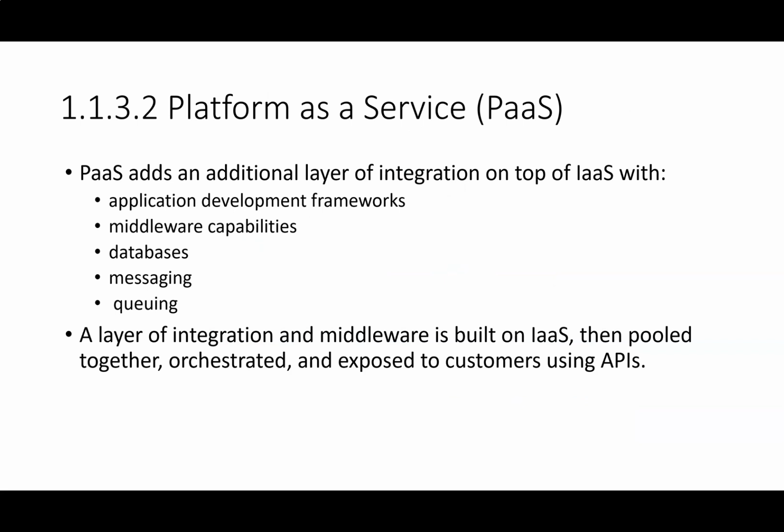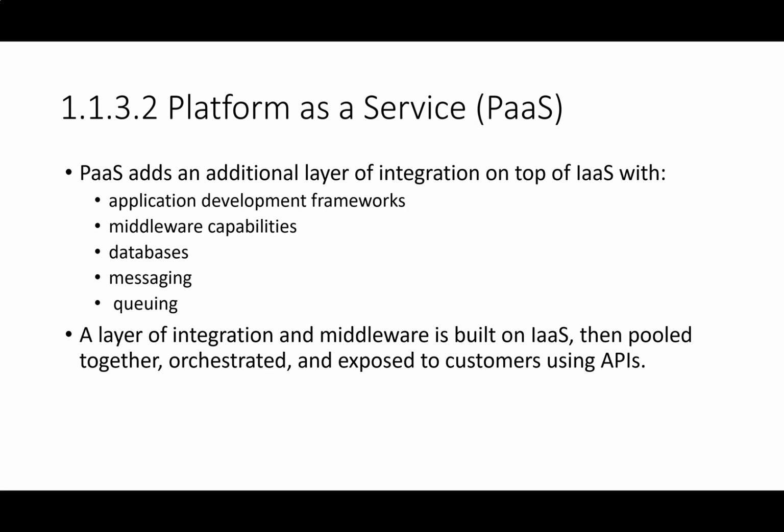Platform as a service is on top of infrastructure as a service, as we talked about earlier. It gives you the ability to use frameworks, software developer kits rather, middleware capabilities, APIs, databases, messaging, queuing, the ability to send and receive inputs and outputs from a queue, part of the platform.